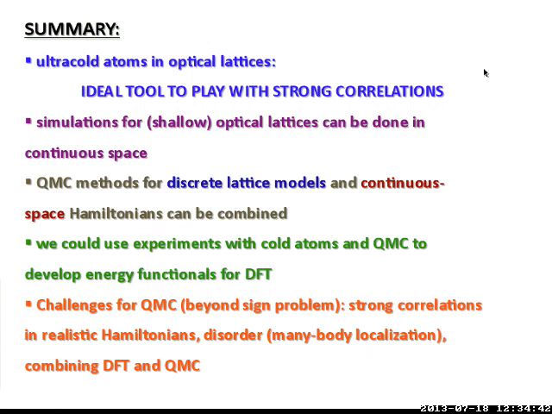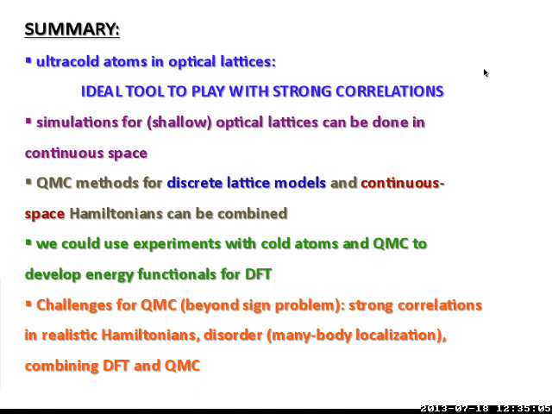So it's not that you can only do Hubbard physics with that. From the methodological point of view, I want to suggest the idea of trying to combine the QMC methods that I usually use for lattice models with those used for continuous space models. Typically, with the lattice model, we can see all types of interesting physics, fascinating phase transitions, but they're typically just toy models.